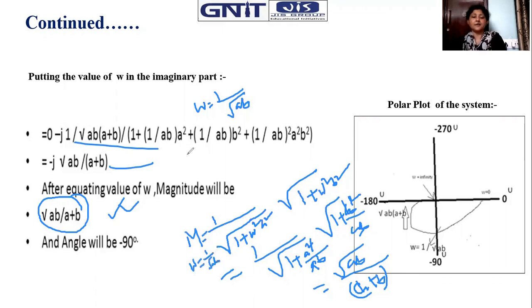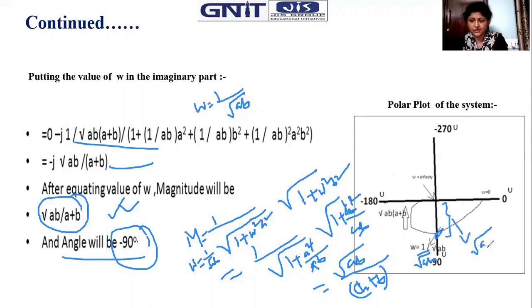Okay. This is the other way. The angle is minus 90 degrees you are getting. So at omega equals 1 by root under AB, what is the intercept you found?